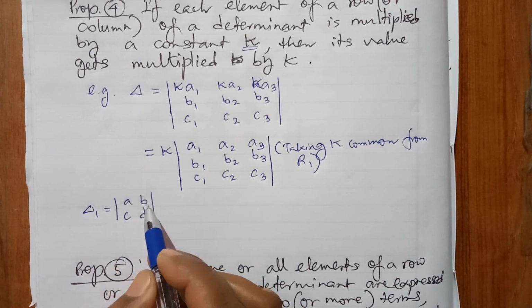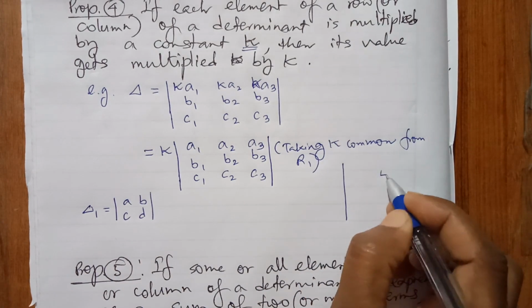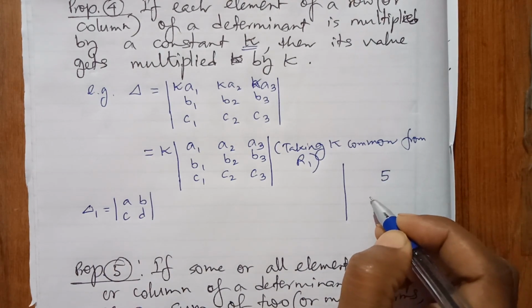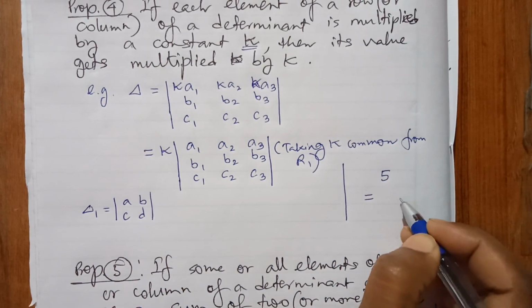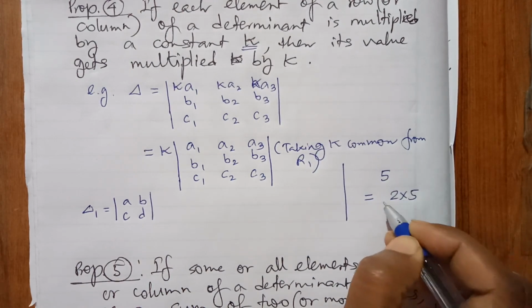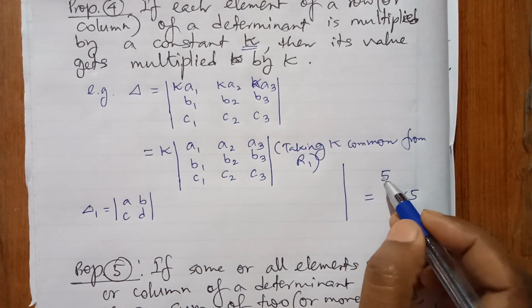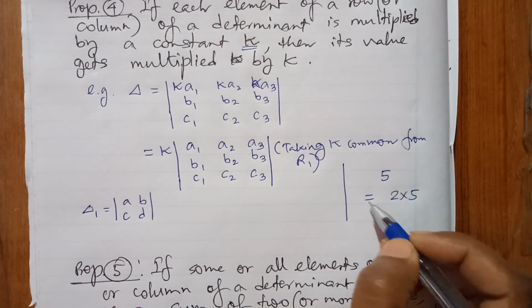So how will you do this? In arithmetic, here you see, suppose the number 5, so write equal. If you multiply 5 by 2 and we put an equal sign, is it possible? Not possible, because 5 times 2 will become 10. 5 and 10 are not equal.